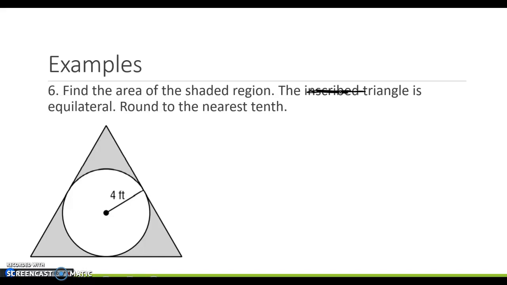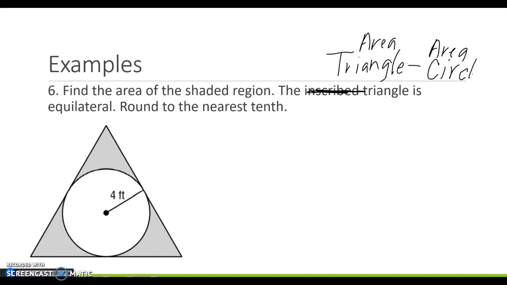Okay, and we're going to round our final answer and as we work to the nearest tenth. So in order to find the shaded area, we're going to have to find the area of the bigger shape, which in this case is the equilateral triangle. So the area of that minus the area of the circle on the inside. That's going to give me just the shaded part.